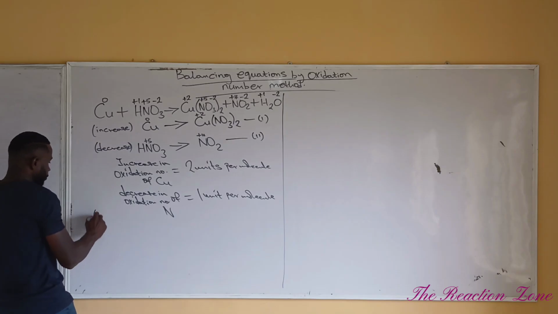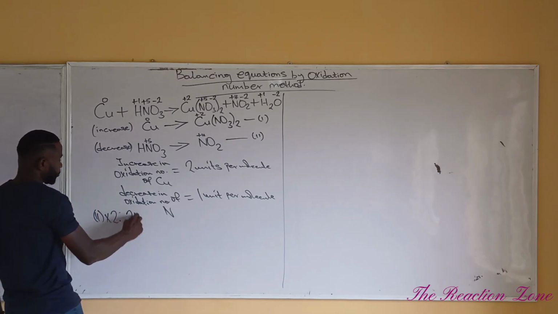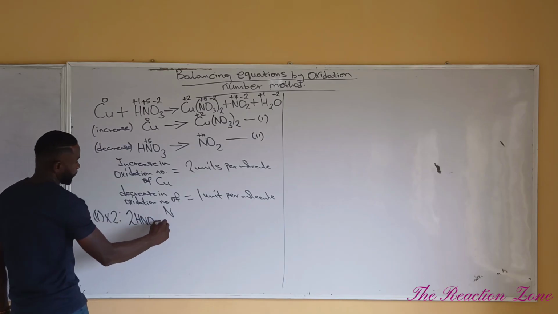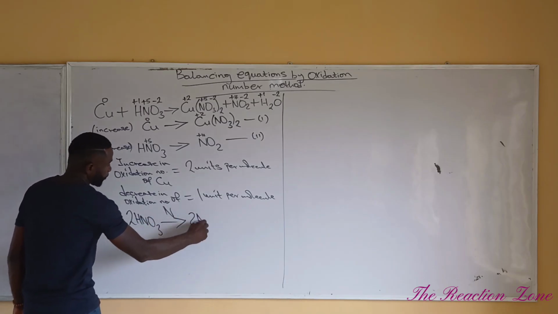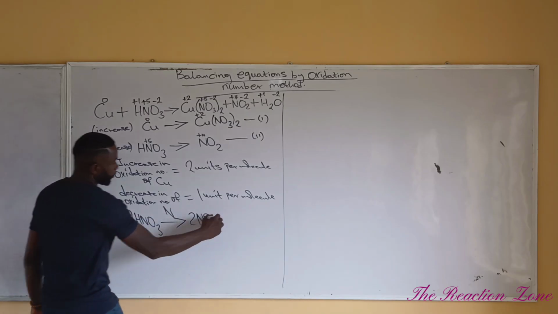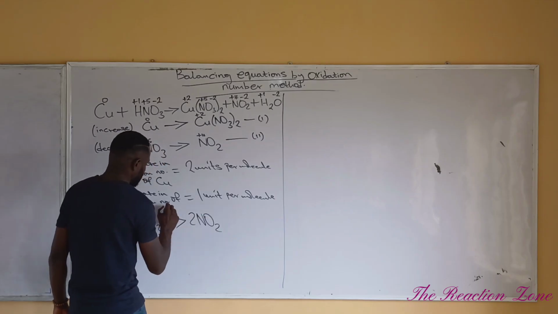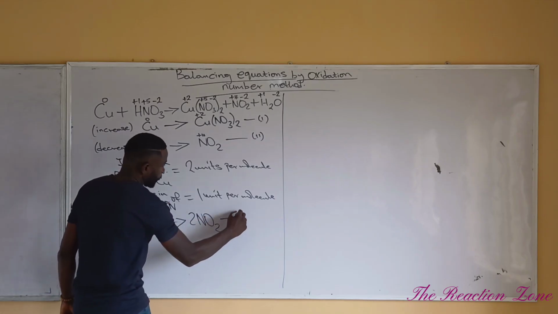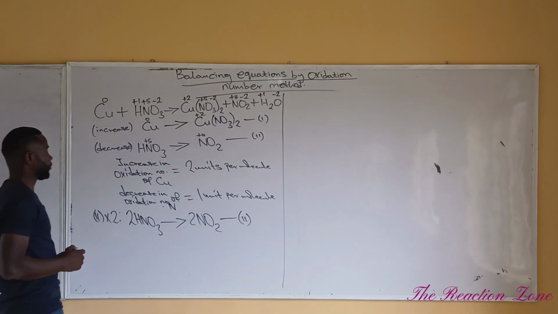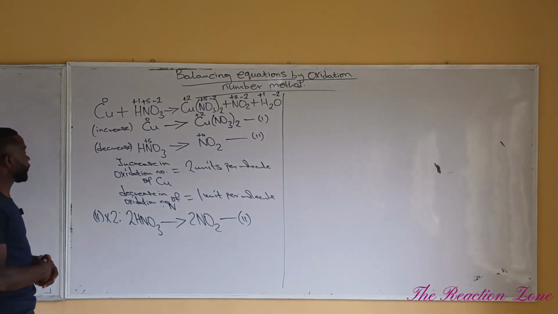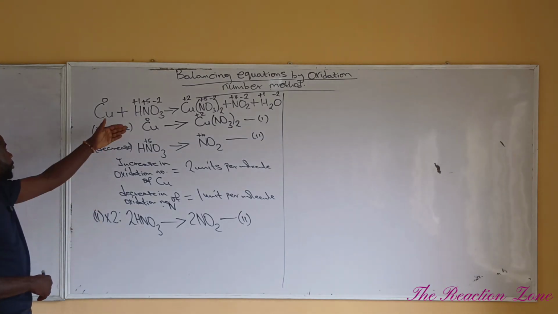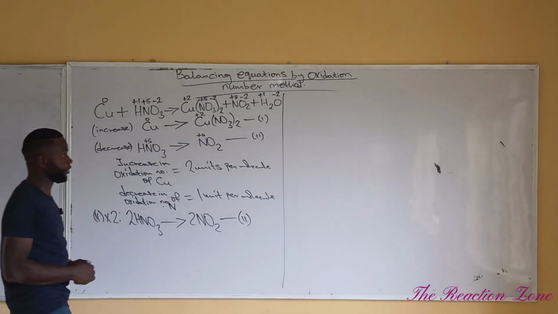So equation 2 multiplied by 2 will give us 2HNO3 give us what? 2NO2. So this becomes our equation 2. Now that we've done this, we can add equation 1 and equation 2 together.